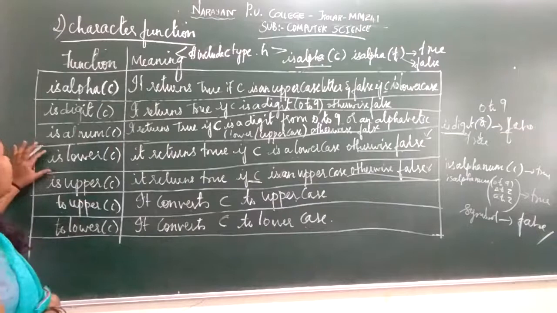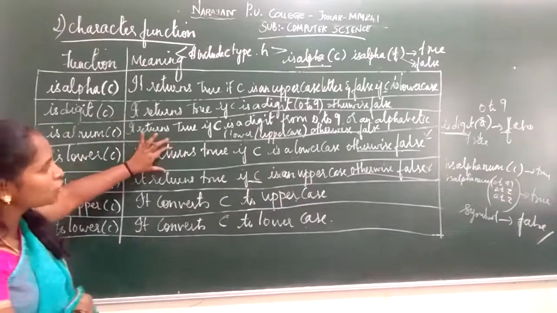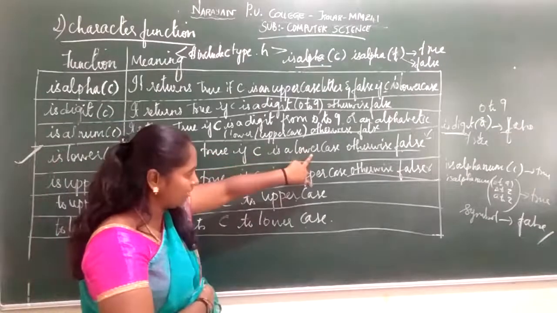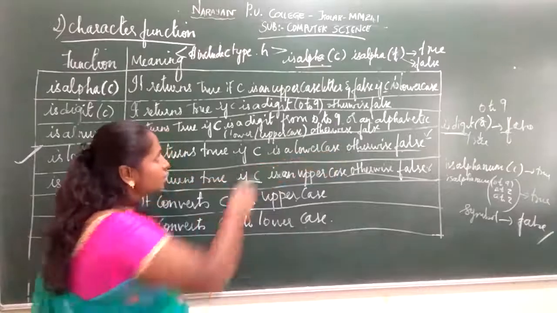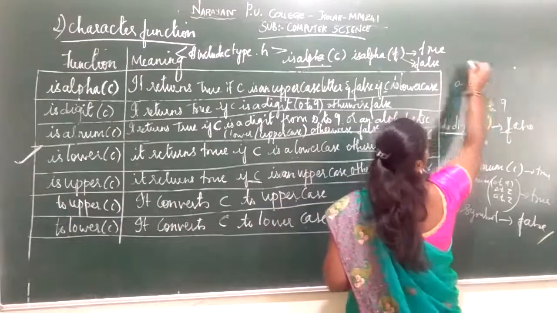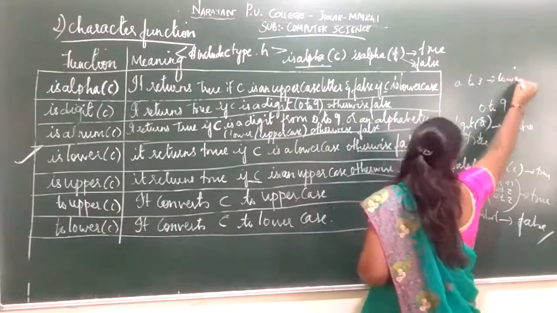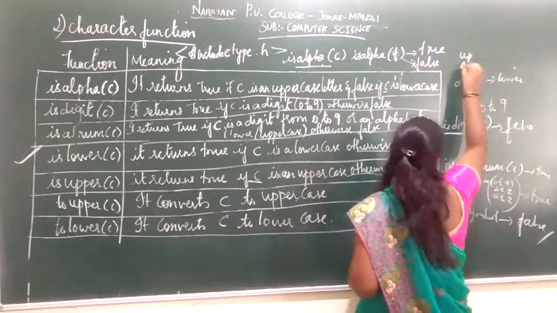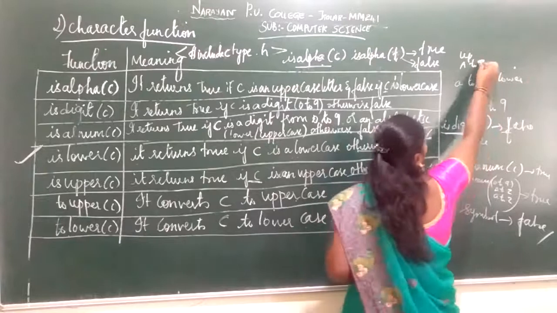See the difference? Here it is going to check, it returns true if the character is in lowercase. What does lowercase mean? Lowercase means small a to small z. That we call the lowercase. Uppercase means capital ABCD. This we call the uppercase.